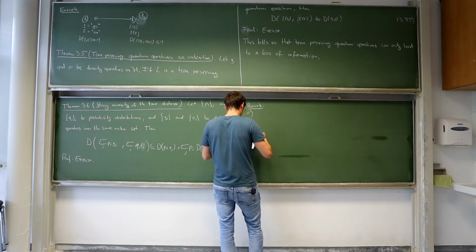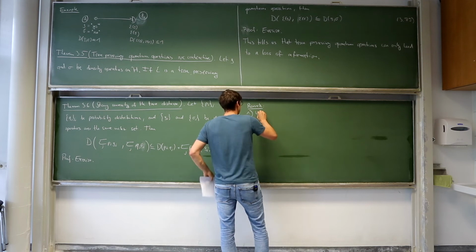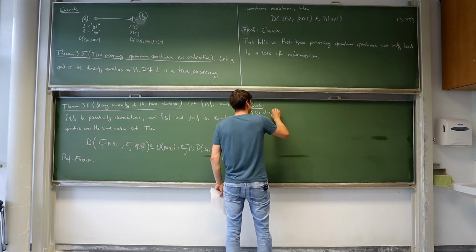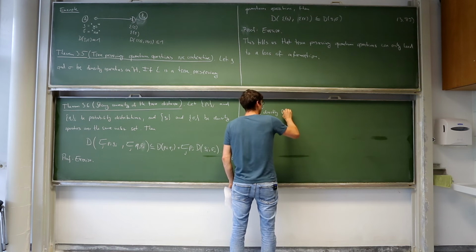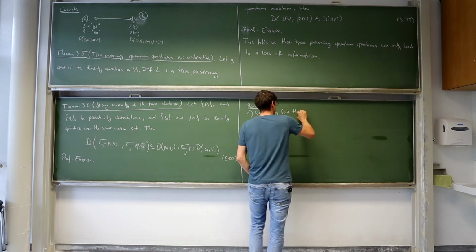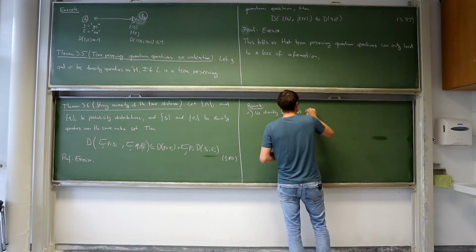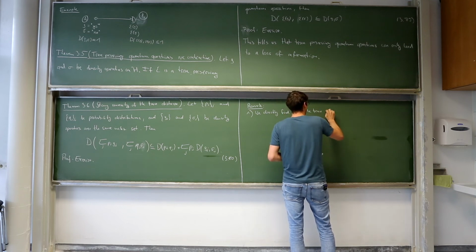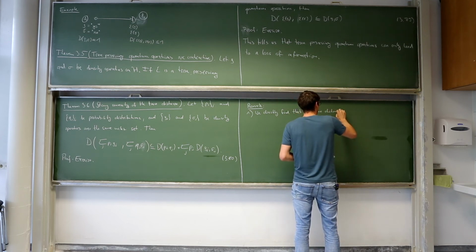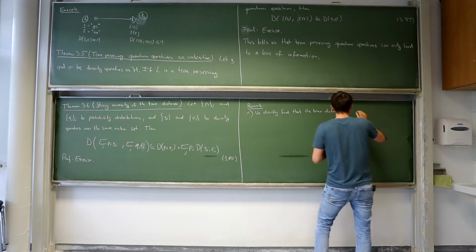So it's 1. We directly find that the trace distance is convex in its first entry.